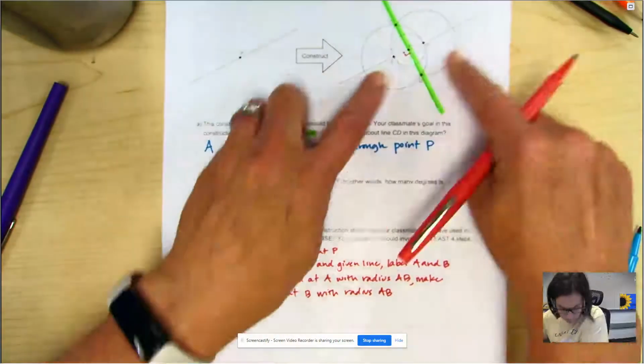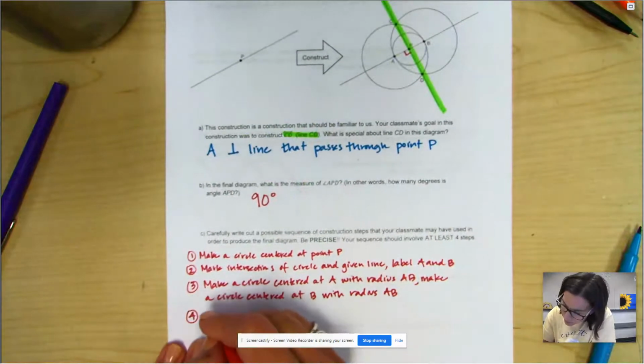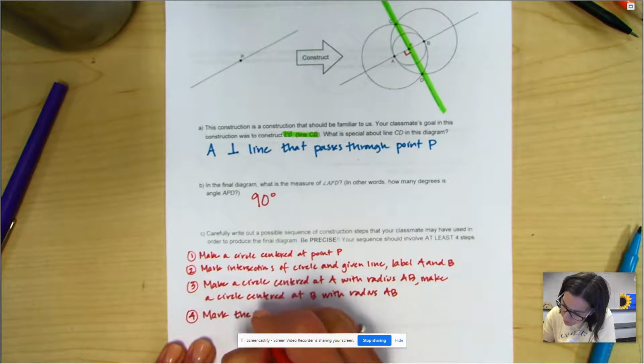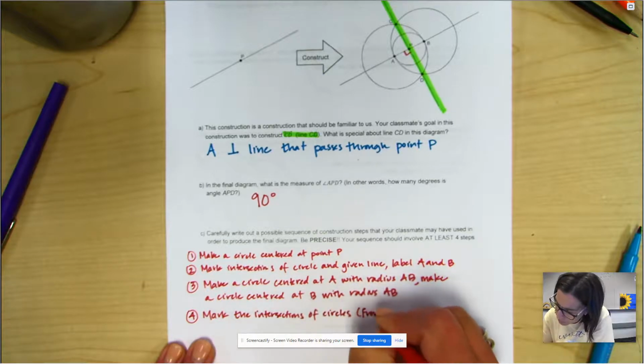These two bigger ones. Mark the intersections of circles from step 3.